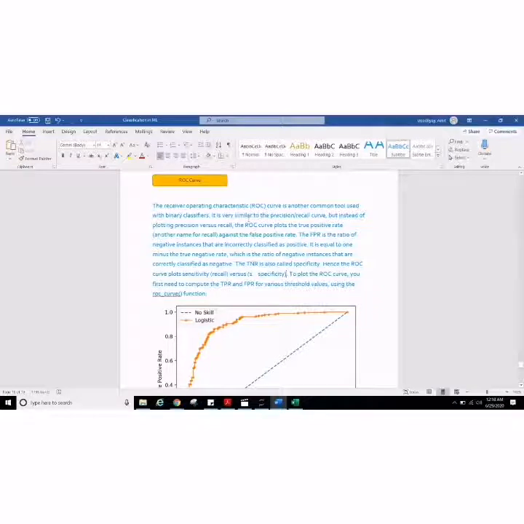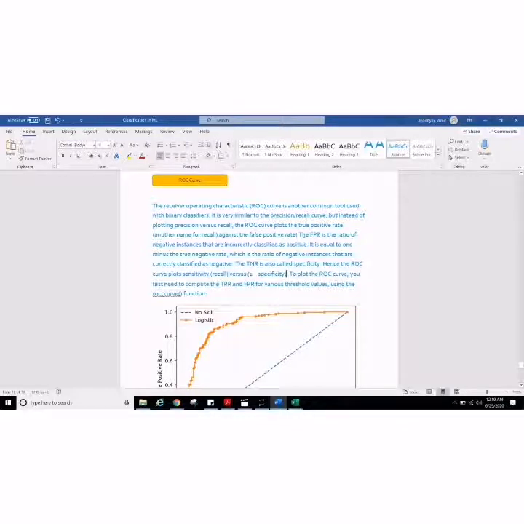It is very similar to the precision and recall curve, but instead of plotting precision versus recall, the ROC curve plots the true positive rate, TPR. TPR is also recall, meaning you predicted correctly divided by actually yes. So we plot the graph of true positive rate against false positive rate.